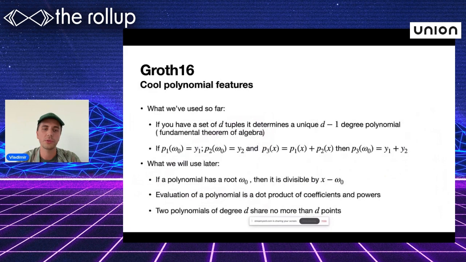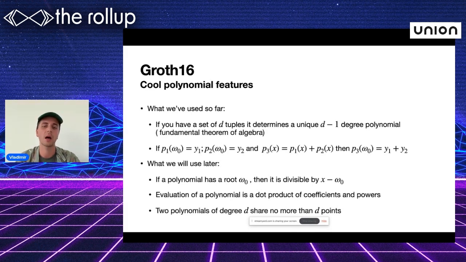Why do we want to use the polynomial in the first place? Because polynomials have very unique and cool features, such as that we can determine a unique polynomial using the tuples, which we used so far. This is the interpolation. And if we have evaluations of two polynomials, then a polynomial which is the sum of them has the evaluation which is the sum of evaluations.